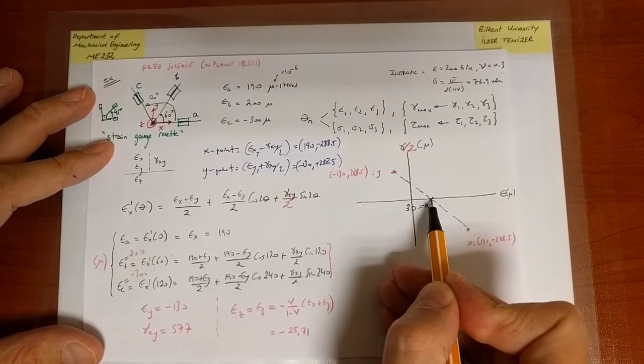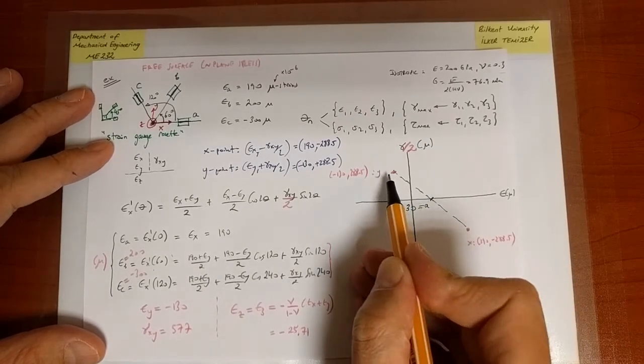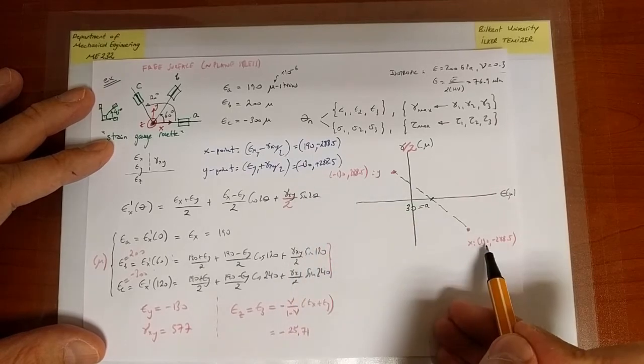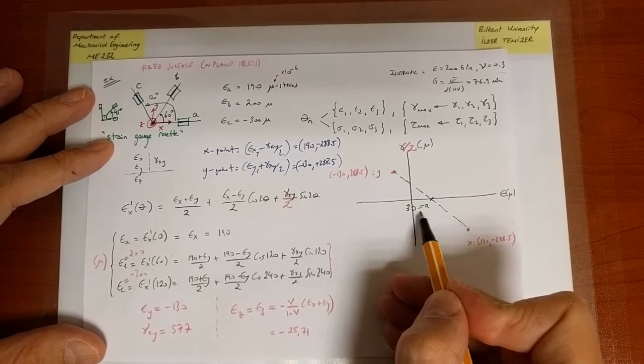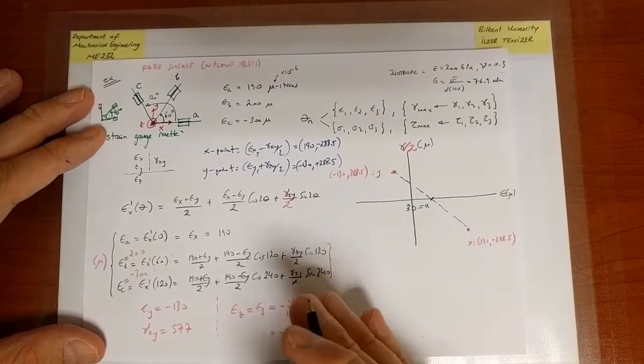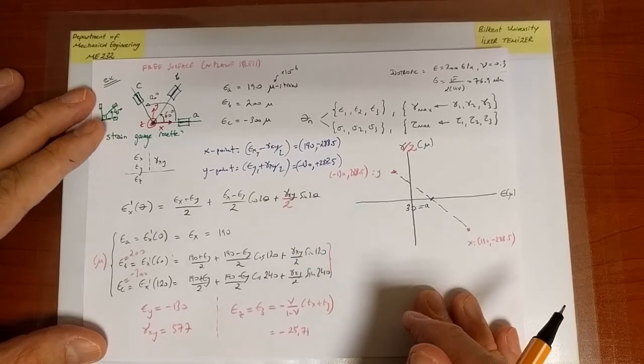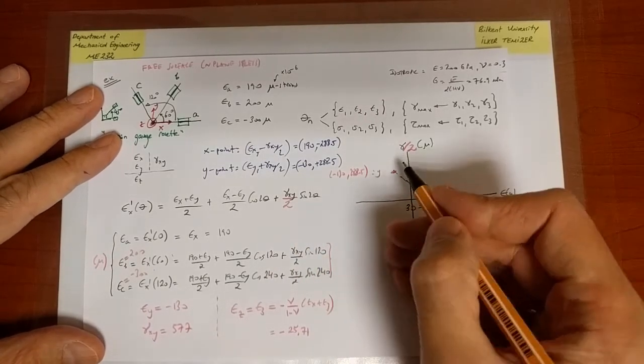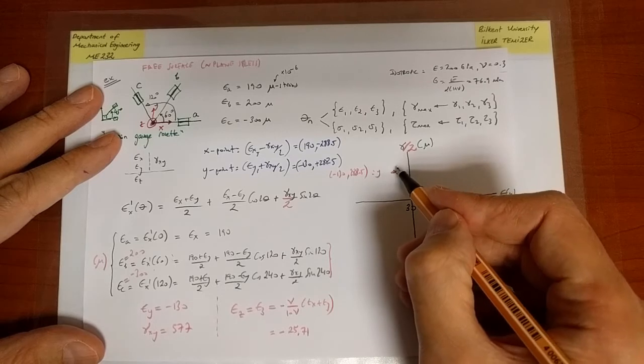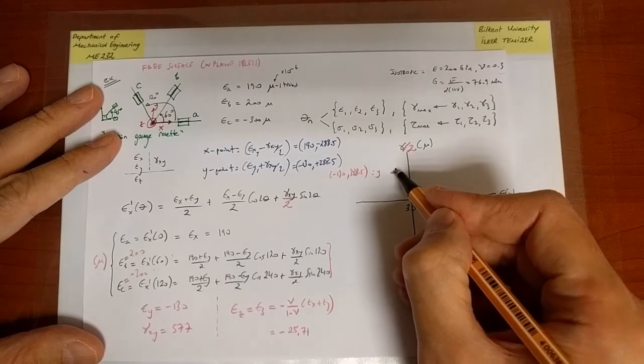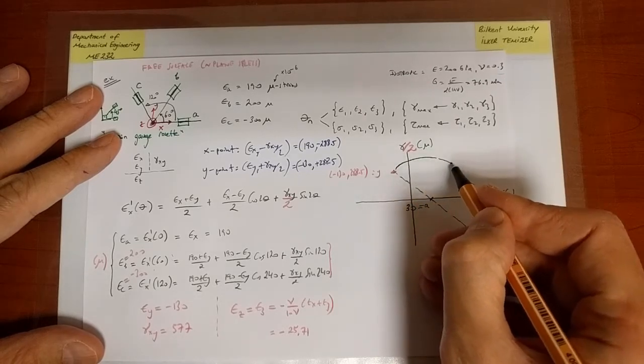And the intersection, the center of the circle I'm about to draw, is at minus 130 plus 190, 60, divided by 2, 30. So you see, all the calculations are exactly the same way as we did for the stress Mohr circle. And so let me go ahead and draw the circle now.